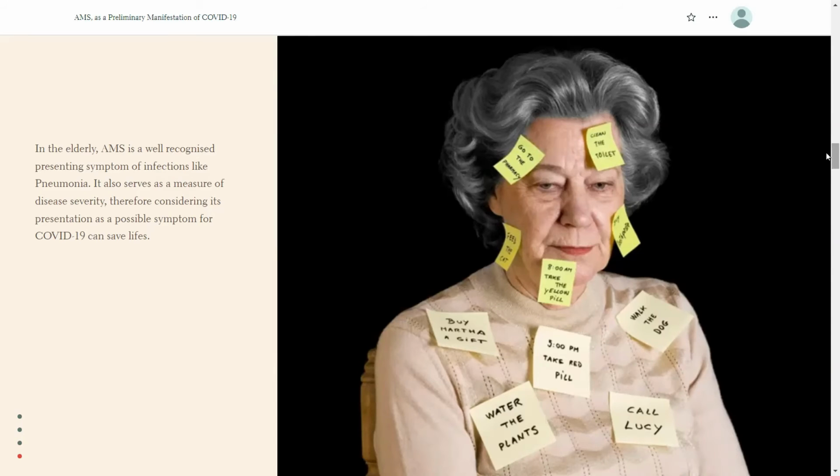Now, this is the result from these 4 elderly patients. Initially, they presented with AMS, and he saw that they were always confused. They were always agitated. They refused care. They were disoriented. They had loss of appetite. All of them were living together in the same environment.